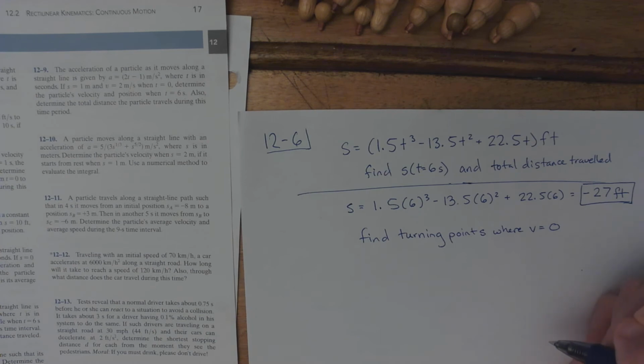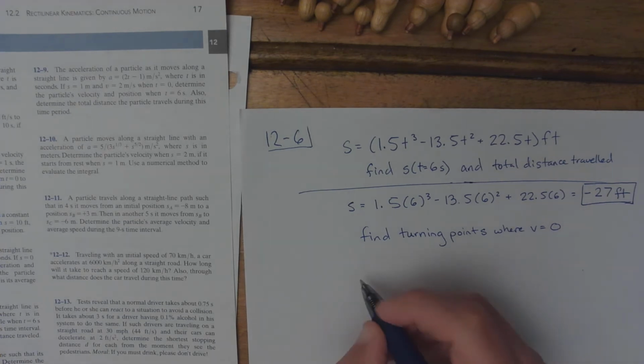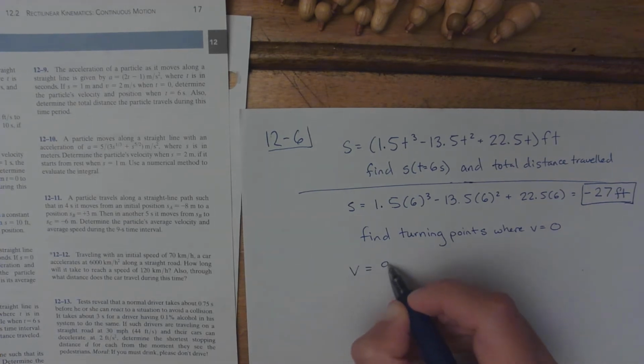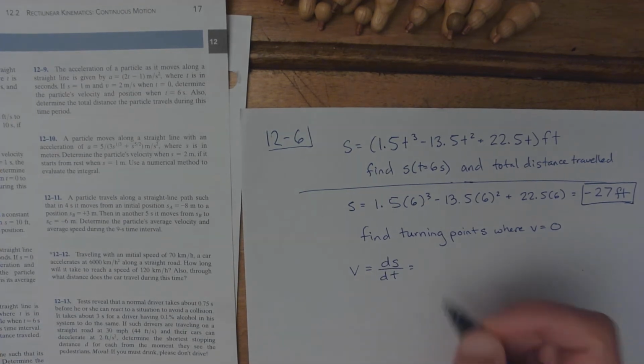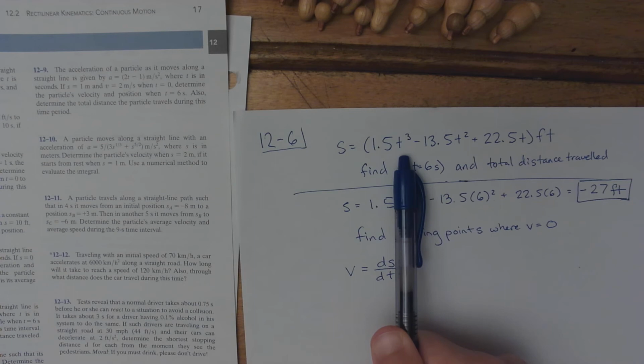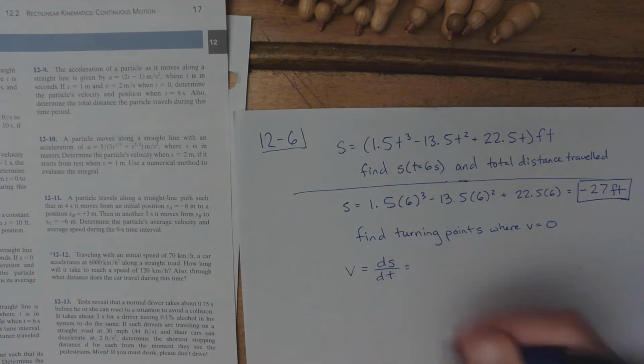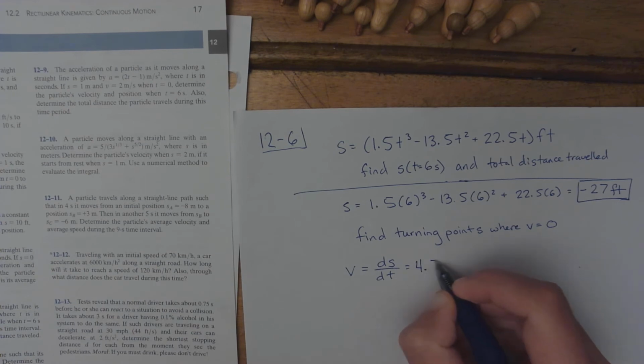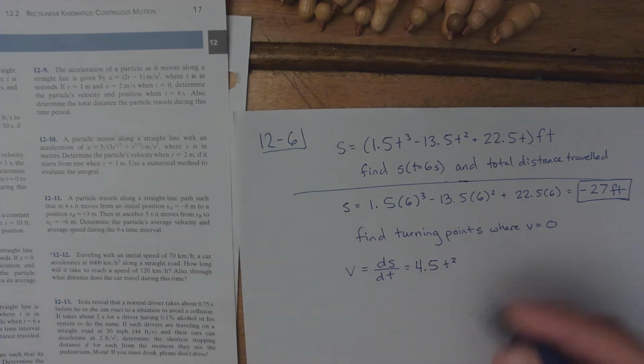At a turning point, the position is either going to be a local max or a local min, and in either case, the derivative at that point is equal to 0, which means the velocity is equal to 0. So I'm going to take the derivative of the position with respect to time. So I have 1.5 times t cubed. The derivative of that is 3 times 1.5, which is 4.5 times t squared.